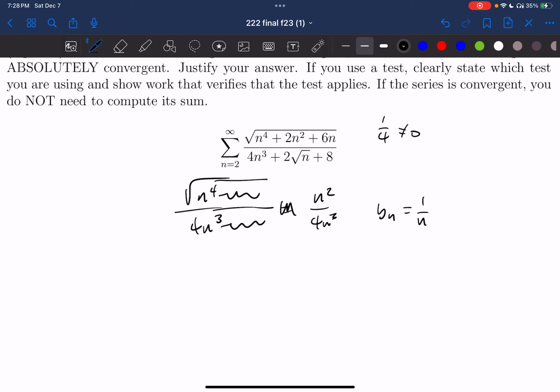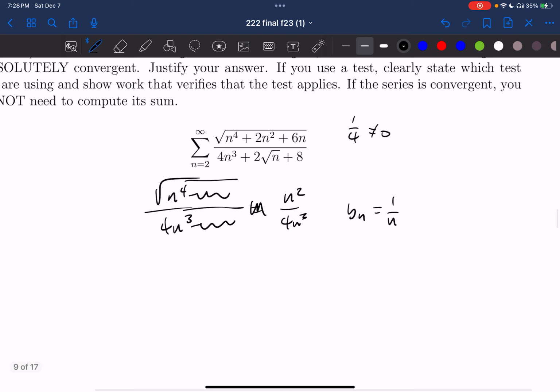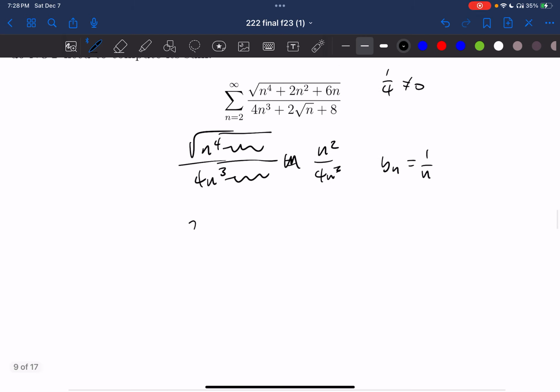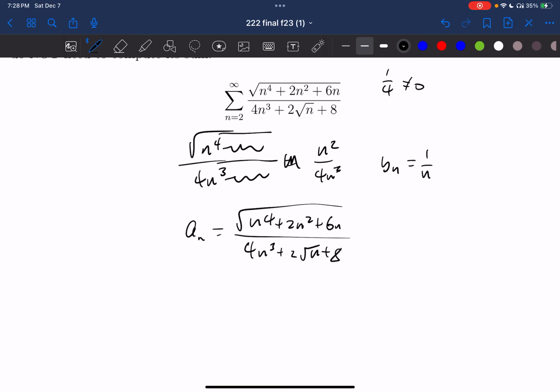So our b of n will be this. And since we're using the limit comparison test, we need to say they're both positive. So let's say a of n is equal to the square root of n to the fourth power plus 2n squared plus 6n, divided by 4n to the third power plus 2 square root of n plus 8. And our b of n is equal to 1 over n.